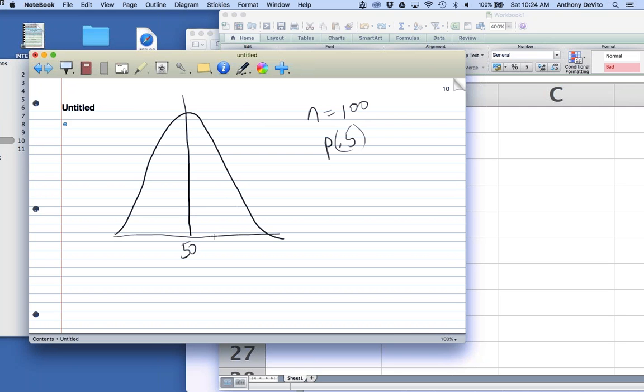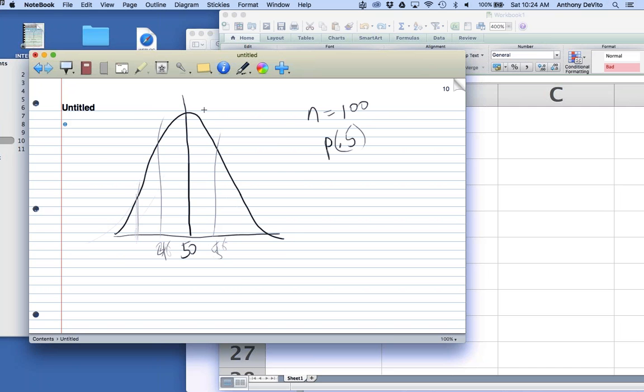I would occasionally get 45 heads, or 55 heads, and so on. Going further out, maybe 40 heads, but not very frequently. The further out I go, the less likely I'll get this outcome from my binomial output.